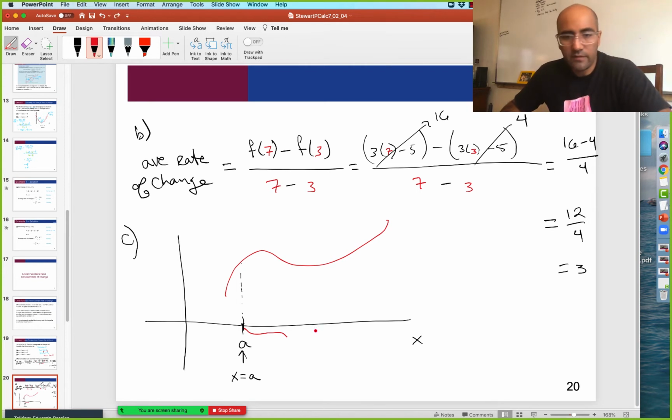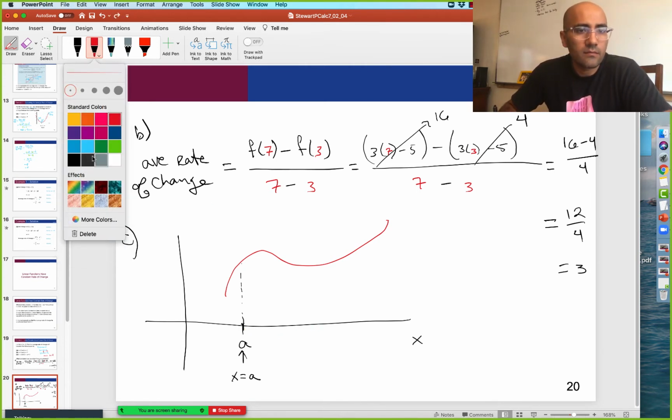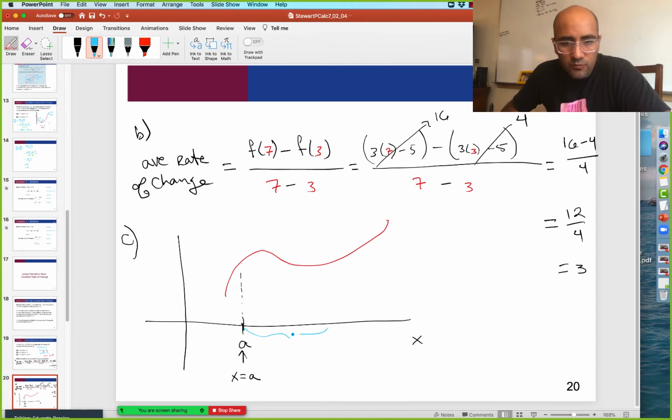Let's pick a different color. If we let h be some value like that, then we arrive at a new point over here, which is going to be the point a plus h. Assuming that h is some positive value strictly greater than 0, then we arrive at another point.